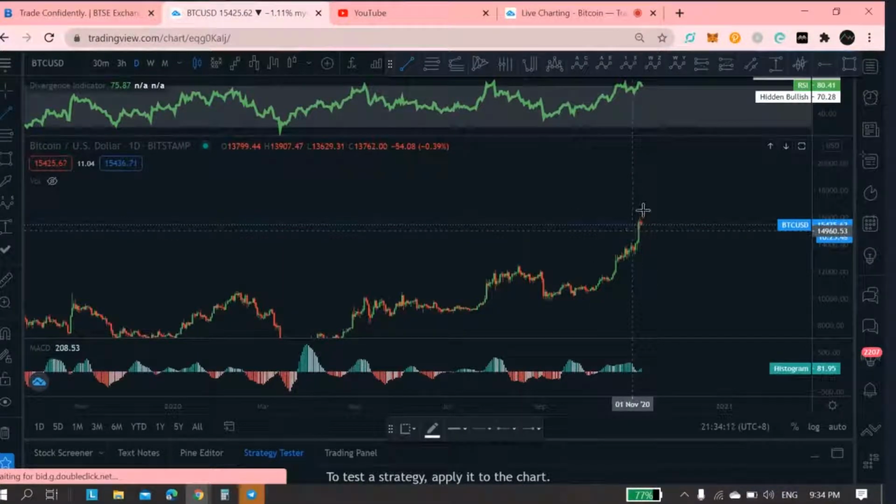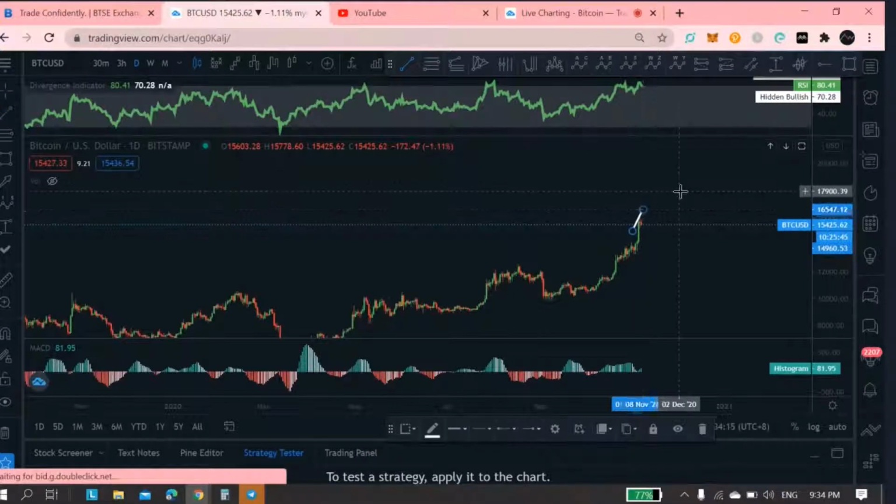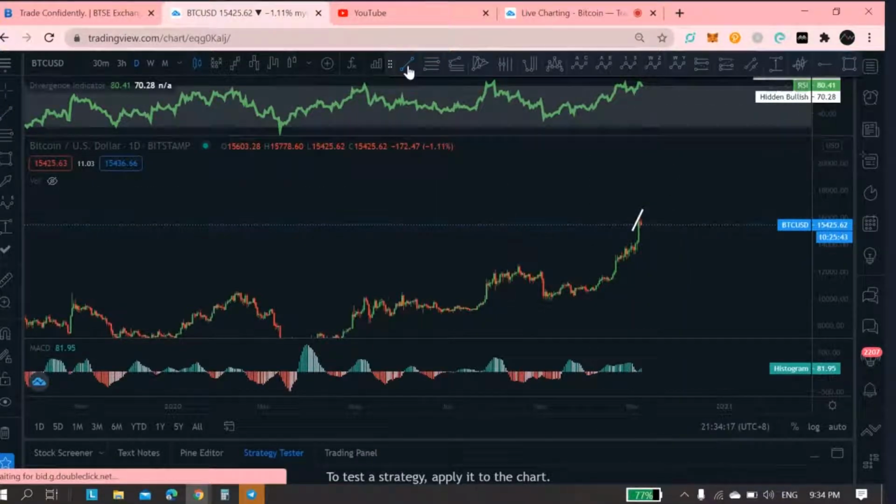Seems like I'm lagging. And here, the divergence indicator is actually going down while these two candles are going up.